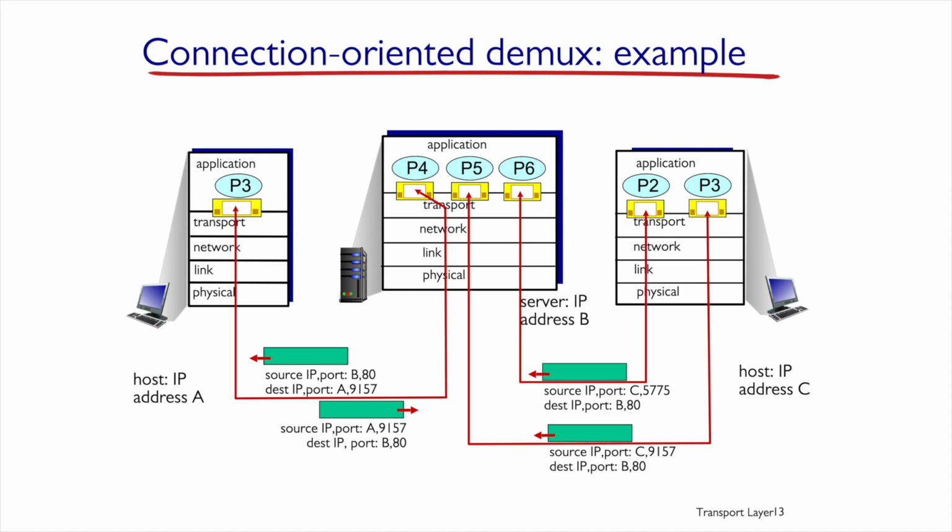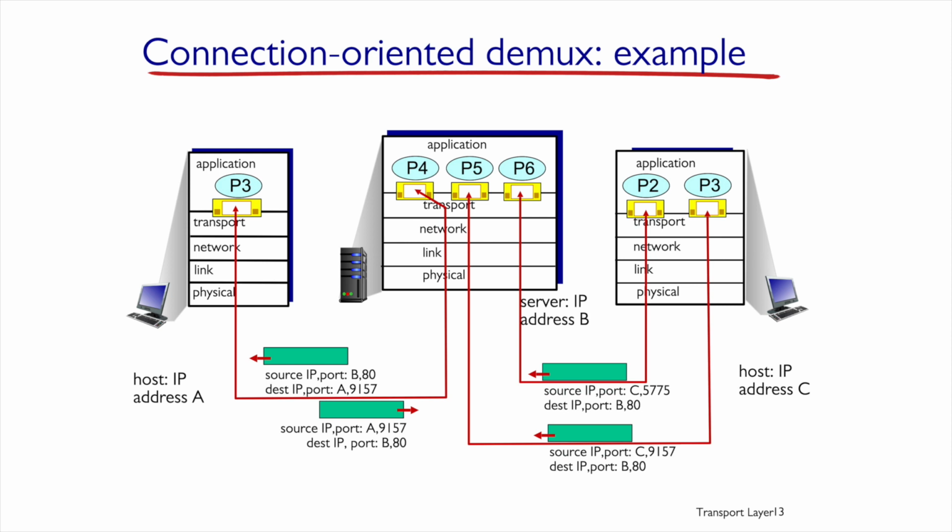The left host has an IP A, the central host has IP B, and the right host has IP C. The left-hand host runs process P1. The central runs three processes: P4, P5, P6. And the right hand, two processes, P2 and P3.